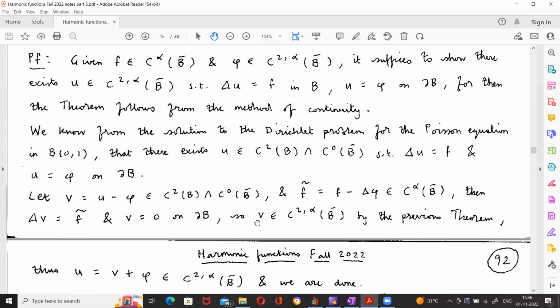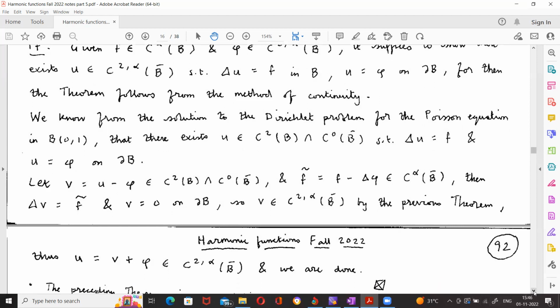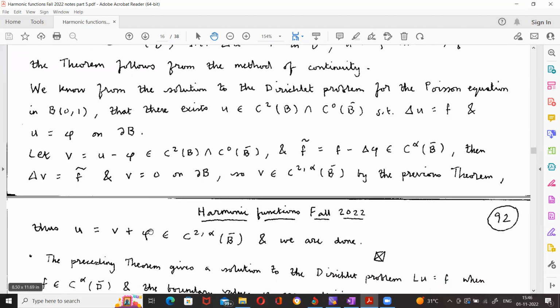Applying that here, V is in C2 alpha B closure. And then we're done because U is equal to V plus phi. V is in C2 alpha and phi is in C2 alpha, so the sum is in C2 alpha.